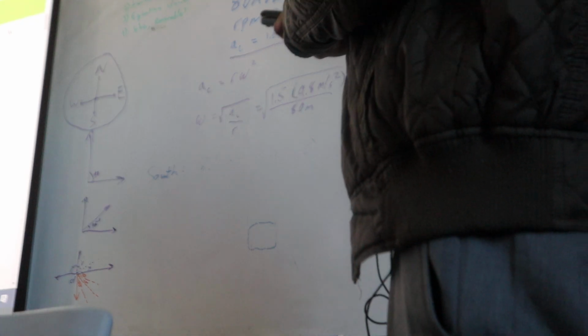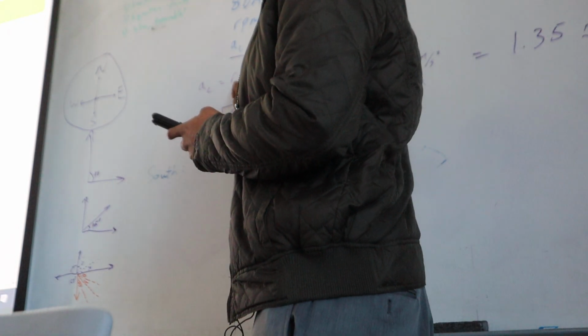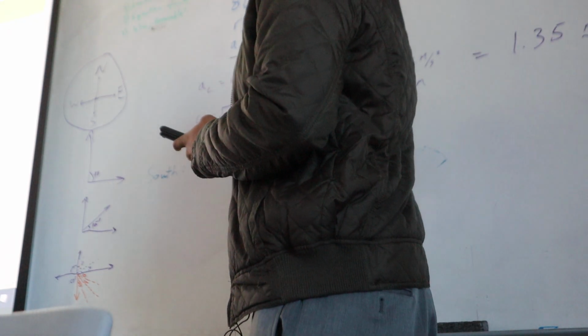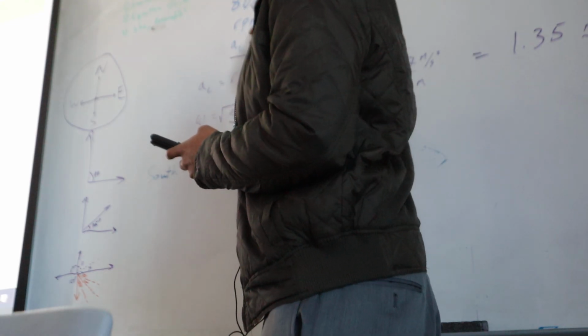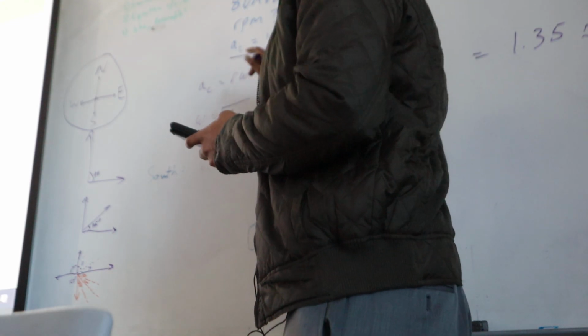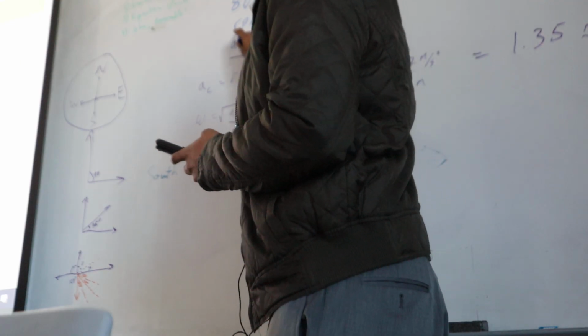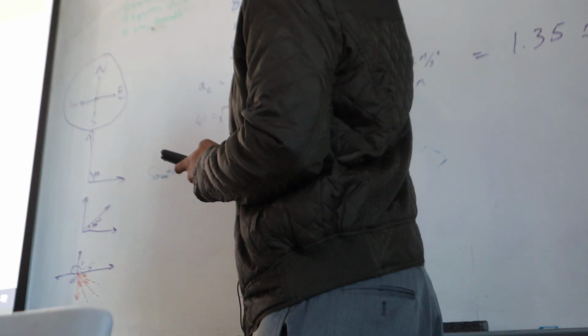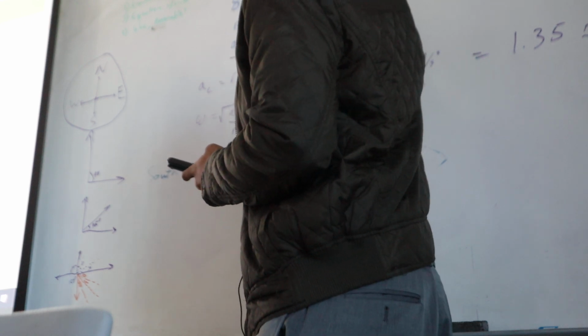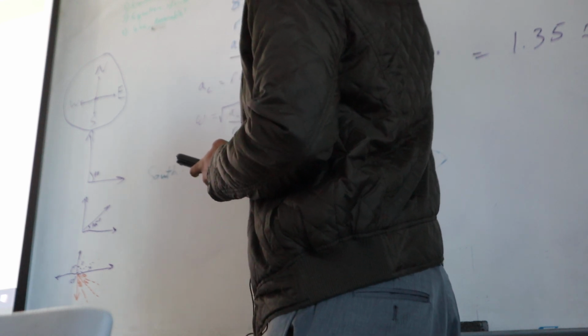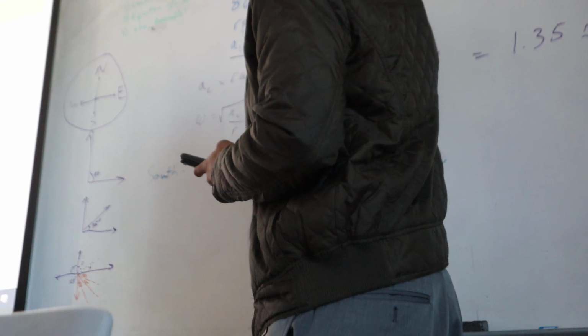Right. So this is the normal equation that we're left with. Revolutions per minute, that's gonna be omega, because omega is angular velocity. Okay, I got it when I typed in the small number.